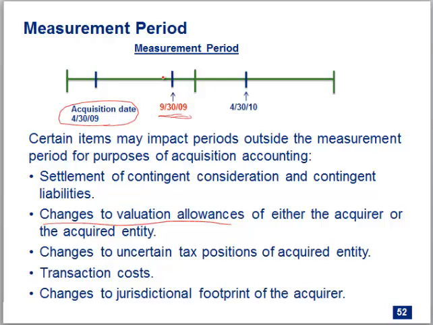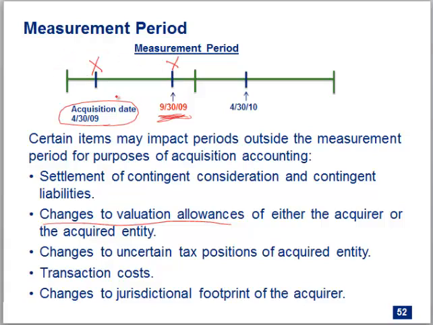Well, that's probably based on information at this date, not really information at that date. Right? So the fact that something new happened based on new facts, just because it's in the measurement period doesn't mean it's a goodwill item.